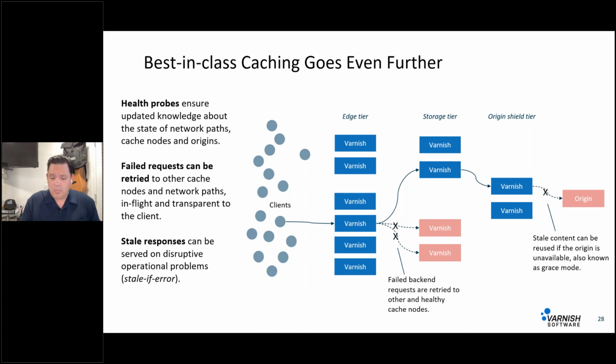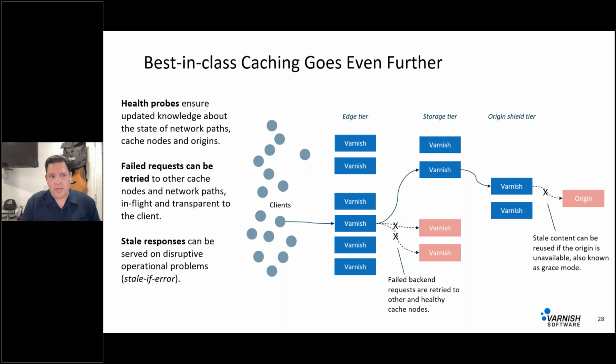But if there is some form of disruption and the application can't connect to the origin, in a lot of instances, if the content that the user is trying to reach is cached, then even if the origin is down, it can still be delivered. That content can still be delivered. That process can still happen. And you can see cache can also be used to improve resilience. So if there are failed requests, you can try over. And again, this is just scratching the surface of what cache can do.